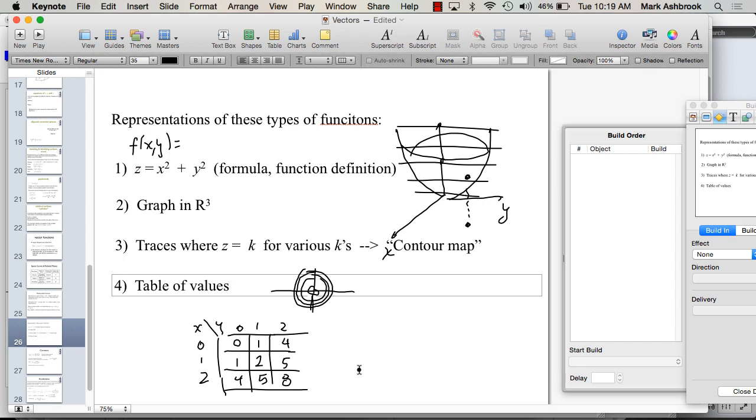So that's an example, a table of values of f of x y equals x squared plus y squared. So those are the 4 primary, sorry, we're late, I'll give you back time another day. Those are the 4 primary representations of a multivariable function, z is a function of x and y.